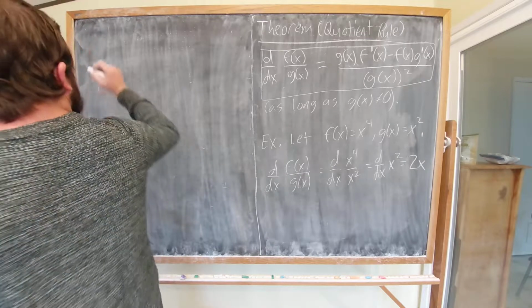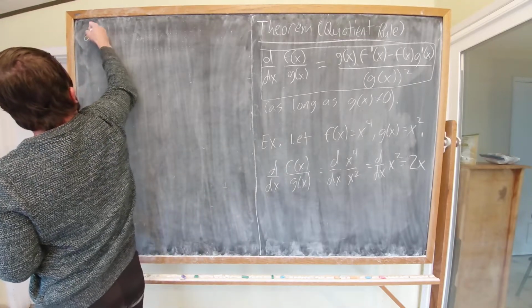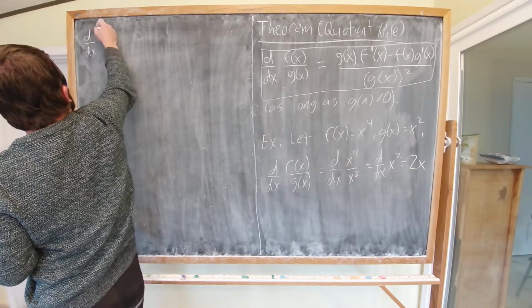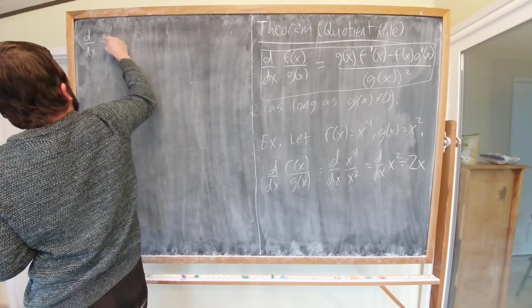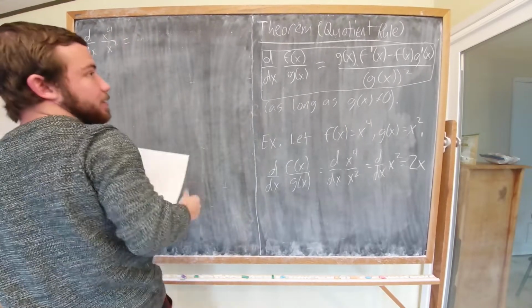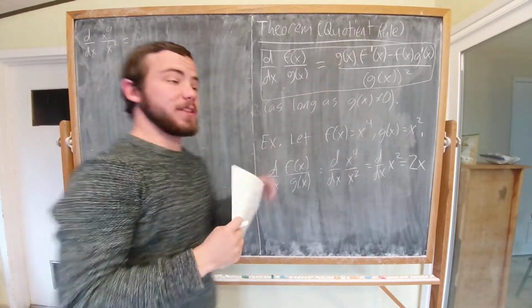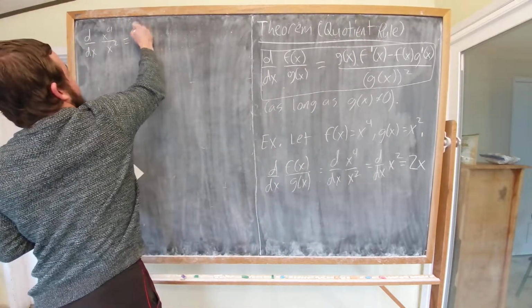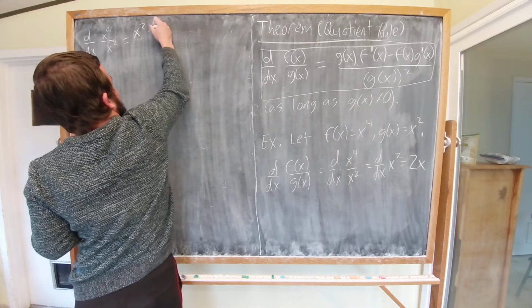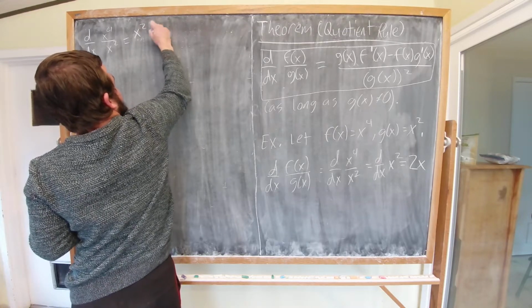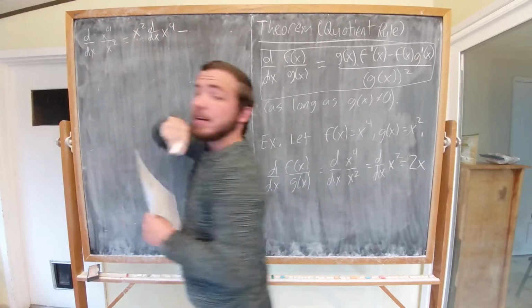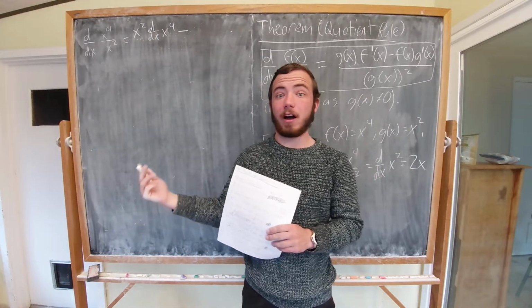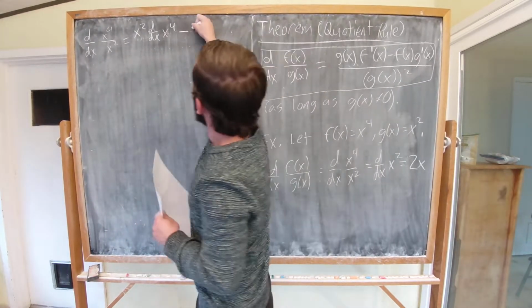Okay, using this formula now. This would say the derivative with respect to x of x to the fourth over x squared is bottom times derivative of the top. So x squared times the derivative with respect to x of x to the fourth, minus top times the derivative of the bottom.